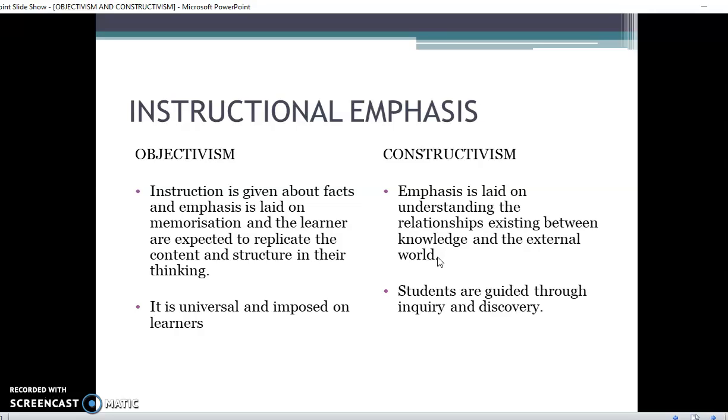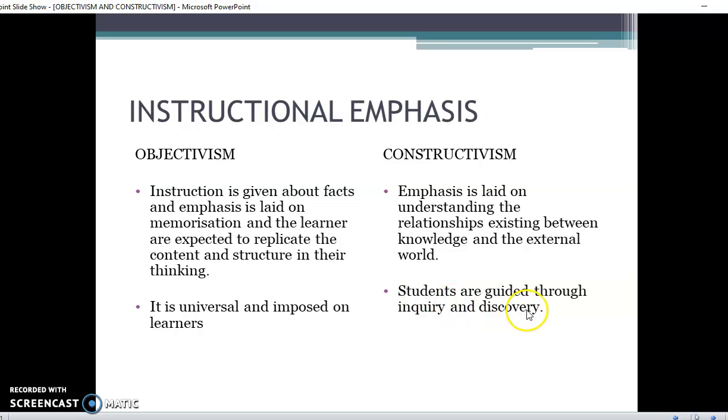Instead of only teaching them the content given in the textbook, we can link those concepts with what they see around them, or show them a video similar to the real world they live in, so that they'll be in a better position to relate the knowledge in the textbook to the external world of which they are a part. So it's very important to do that.